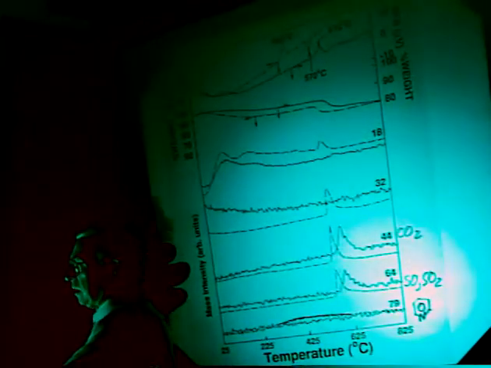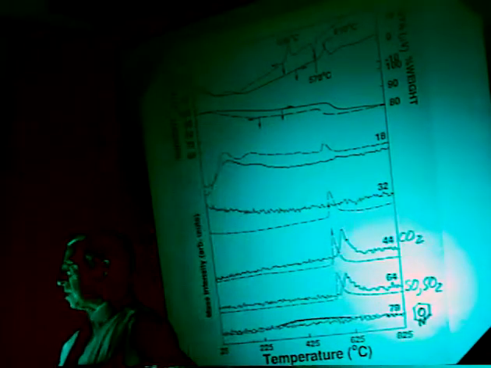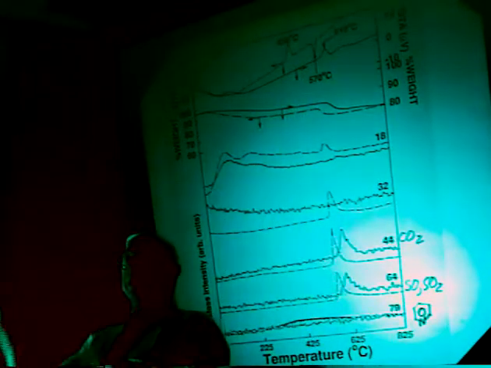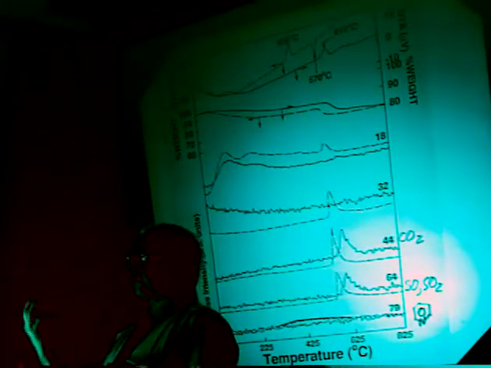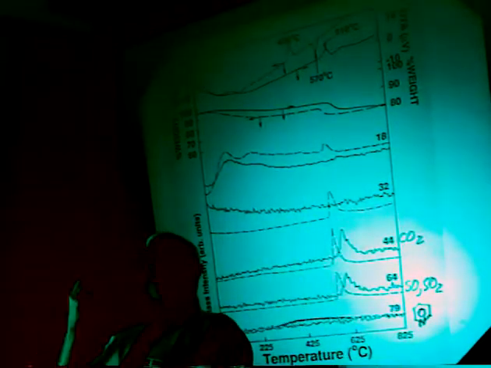If we carry out the decomposition, this is in temperature programmed reduction and weight loss. For the material that has the Bronsted acid salt, pyridinium sulfate, the exotherm occurs as though you did not have sulfate present.